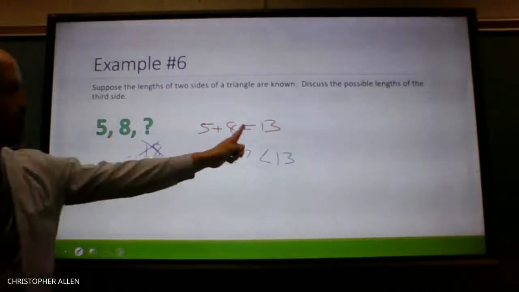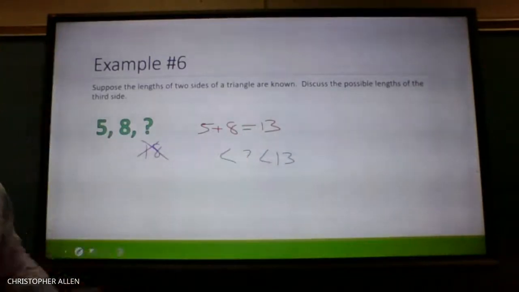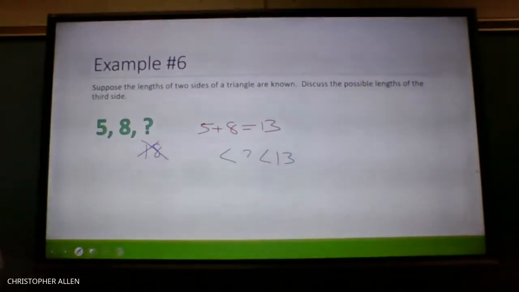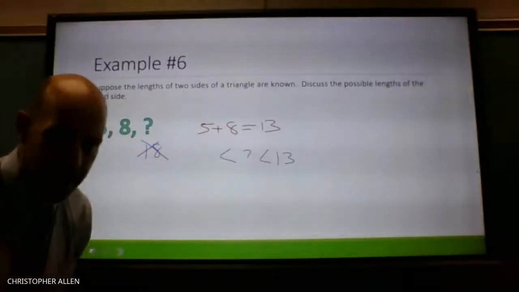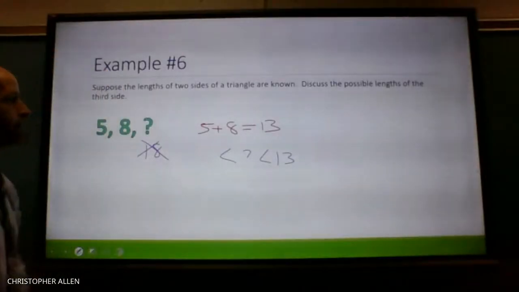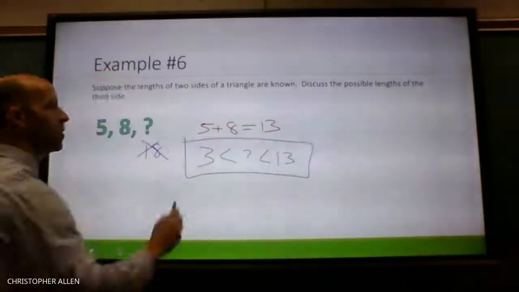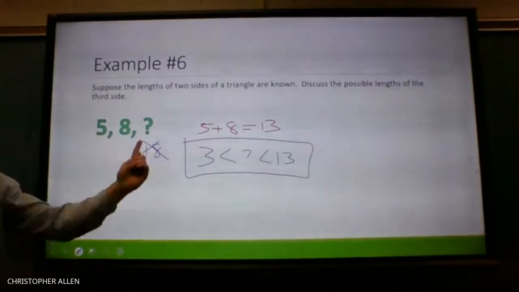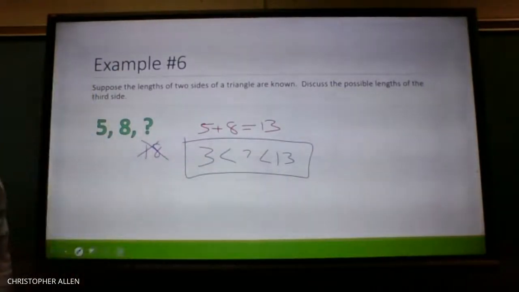Adding these together gave me 13, so I know it has to be less than 13. Does anybody know what the lower end has to be, the lower amount? Would you subtract them? Yes. And what would that answer be? 3. Correct. I'm telling you that if these 2 numbers and a third number are going to make a triangle, it has to be between 3 and 13.